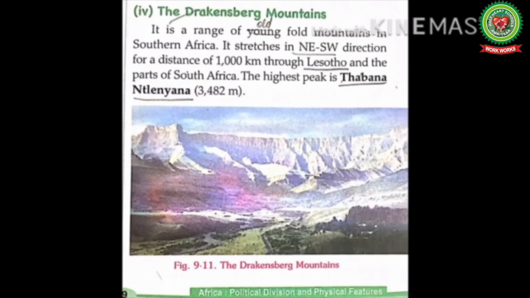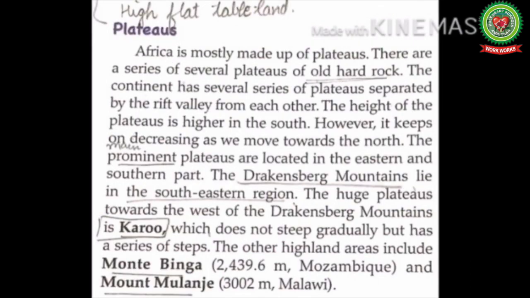It is a range of old fold mountains that stretches in a northeast to southwest direction for a distance of 1000 km through Lesotho and parts of South Africa. The highest peak, Thabana Ntlenyana, is about 3482 meters.